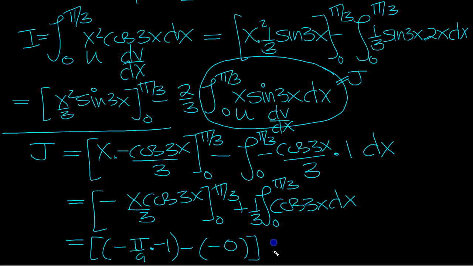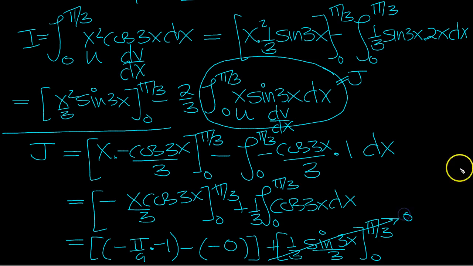And this would be plus 1/3, integral of cos is sine 3x over 3, between pi over 3 and 0. And when you put the top value in, you get sine pi, which is 0, and the bottom value gets sine 0, which is 0. Both of them are 0. So we just end up with pi over 9, don't we?